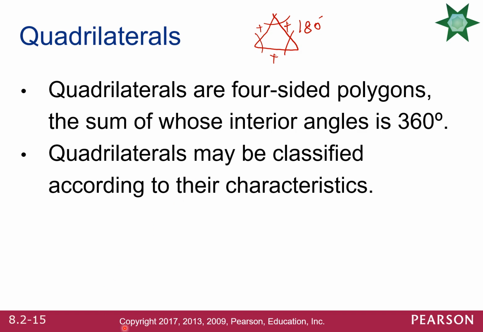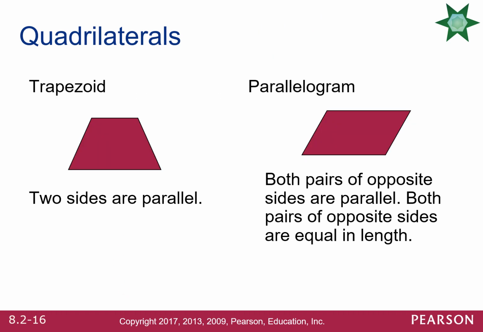Likewise, a rectangular figure is also a four-sided figure. It's a quadrilateral. A parallelogram is a quadrilateral figure, a trapezoid. So these are all different kinds of four-sided quadrilaterals.